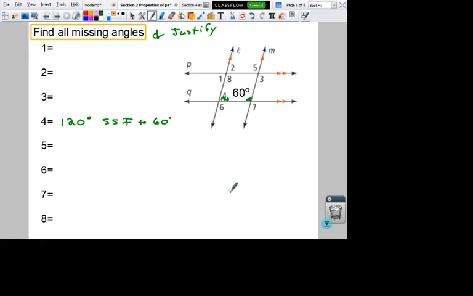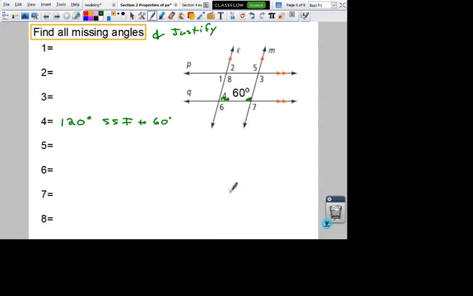Okay, let's keep going. So, Lark, we got angle 4, right? We need to find another one. What do you know about angle 4 and angle 8? Corresponding to 7. Oh wait, is that right? Yeah, 8 is corresponding to 7. That's true. Do we have degrees in there for 7 yet? Not yet.